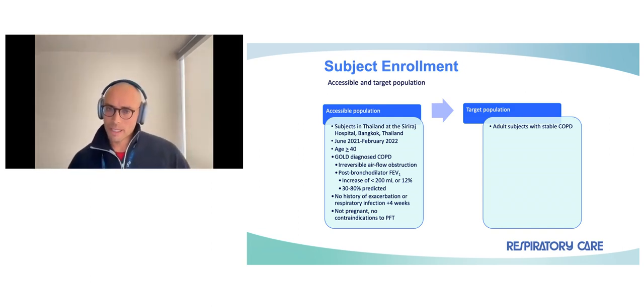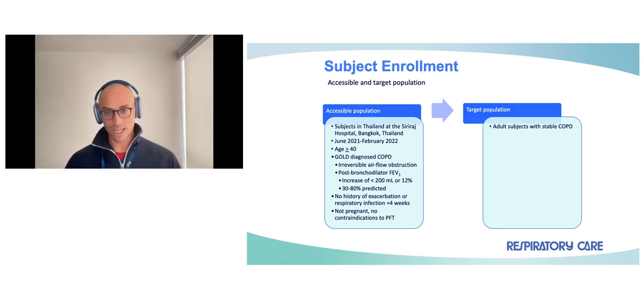Now, in terms of the accessible and target population, the target population being the population the investigators were hoping to sample from, the target population were adult subjects with stable COPD.